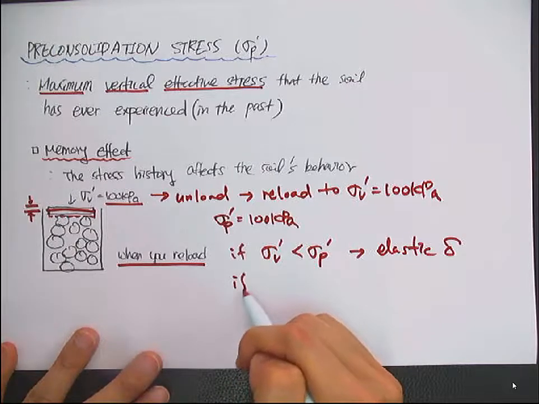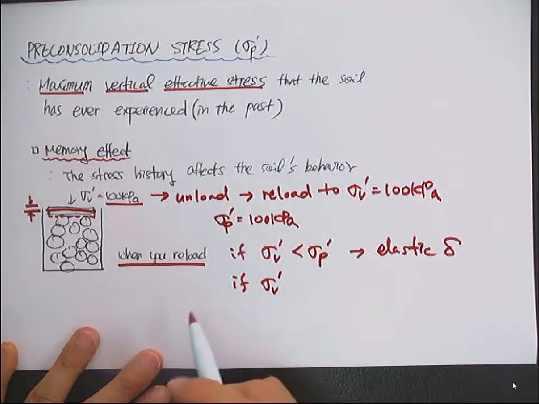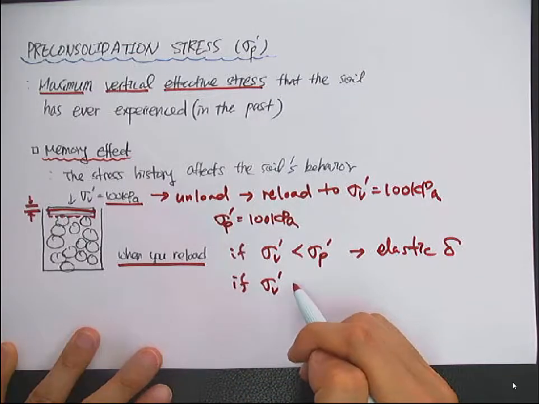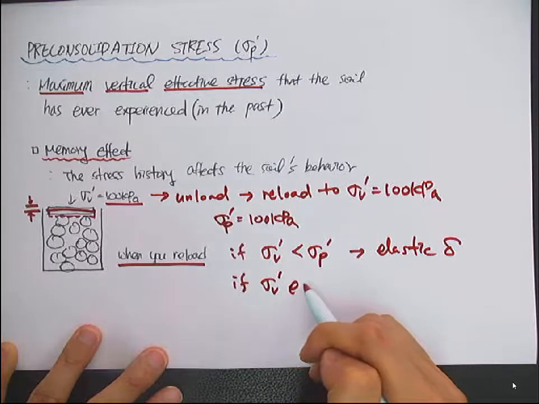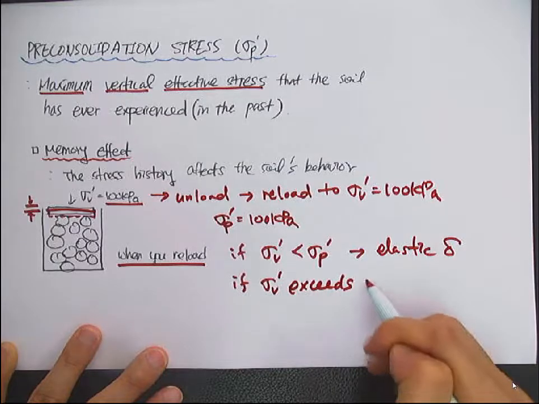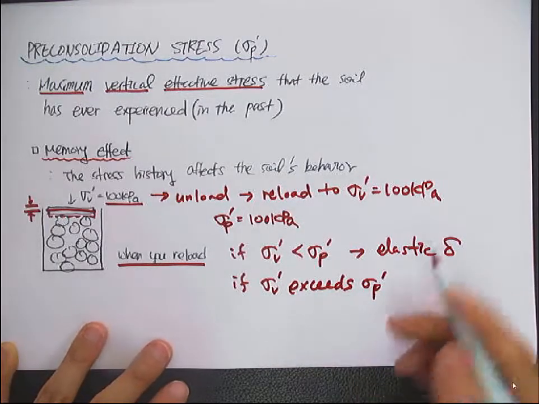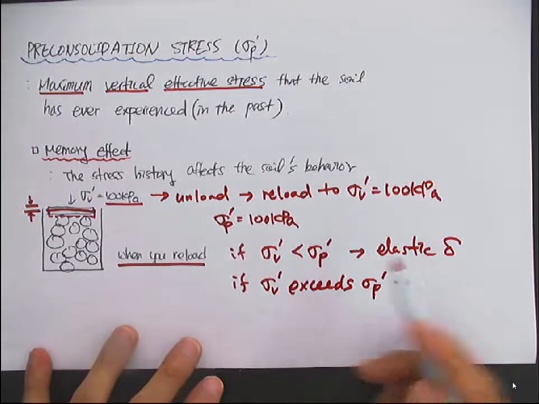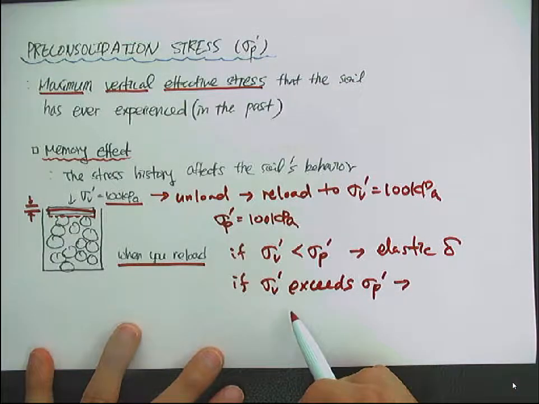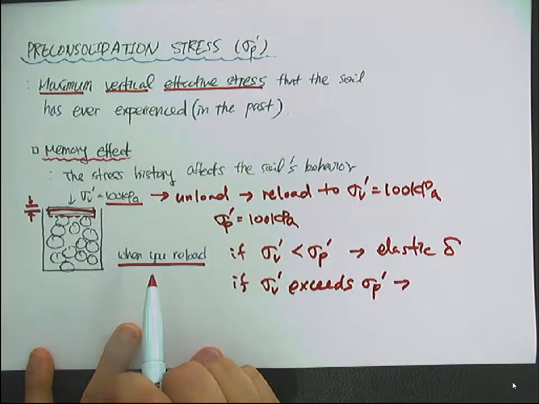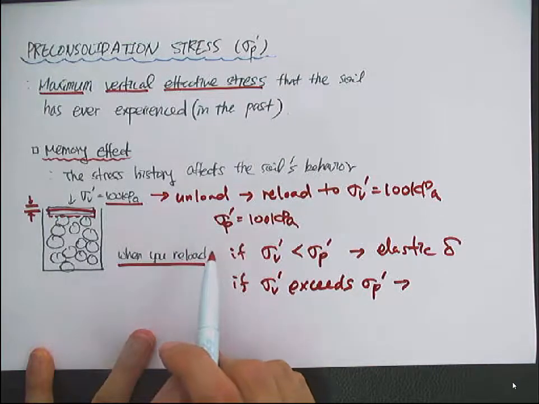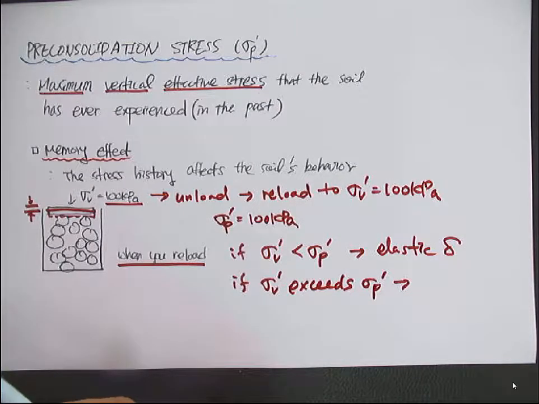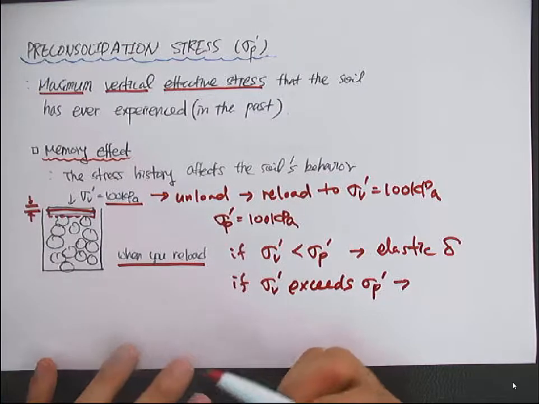Right? And when we increase this vertical effective stress, and if we exceed sigma p prime, then now it's a new level of stress. For example, if it's 200 kilopascals, then the maximum stress that the soil has experienced was 100 kilopascals. So now 200 kilopascals is too large for the soil particles.